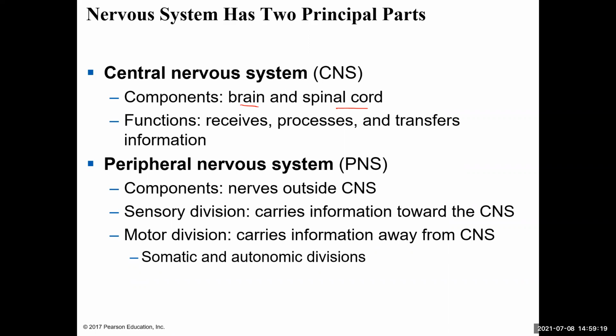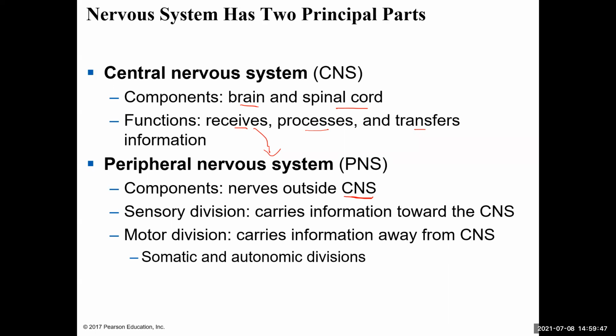And we'll talk about the central nervous system towards the end of this chapter. The whole job of the central nervous system is to receive information brought to it from the peripheral nervous system, to process that information, and then to transfer information. The PNS are all of the nerves in the body that exist outside of the central nervous system.